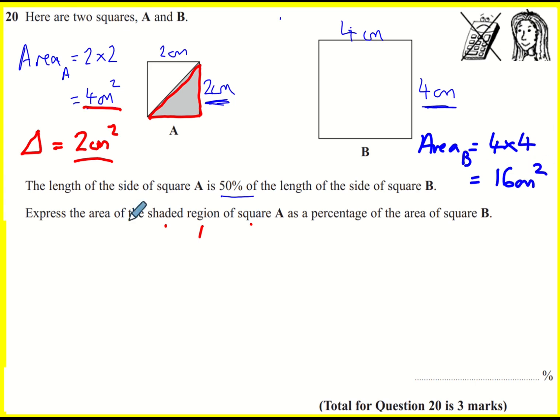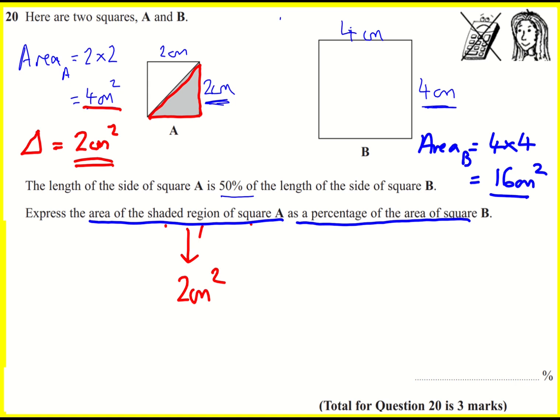And it says express the area of the shaded region of square A, which we've just worked out is 2 centimetres squared from here, as a percentage of the area of square B, so as a percentage of this.